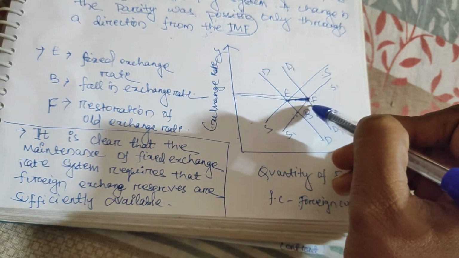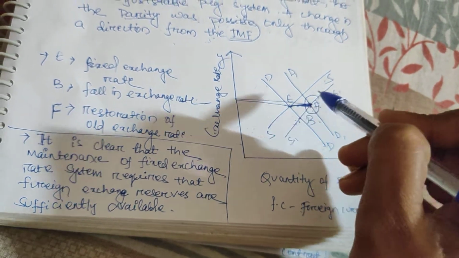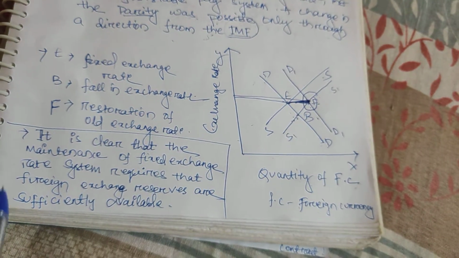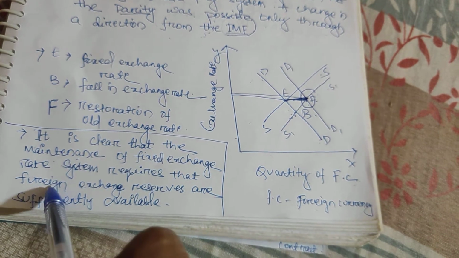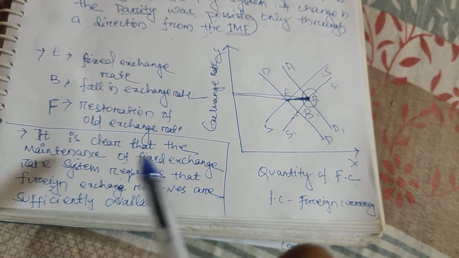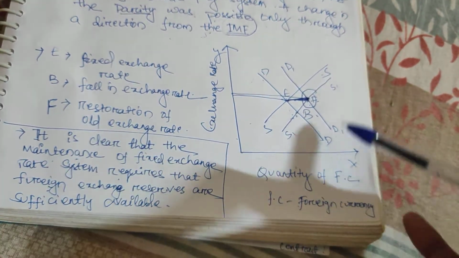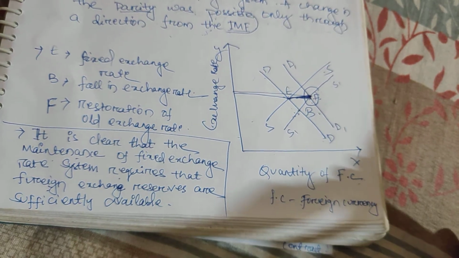For coming from the point E to F, what is needed? It is necessary that the government maintaining a fixed exchange rate system requires maximum foreign exchange reserve. If maximum foreign exchange reserve is available, they can make this adjustment of demand and supply. This is all about fixed exchange rate.